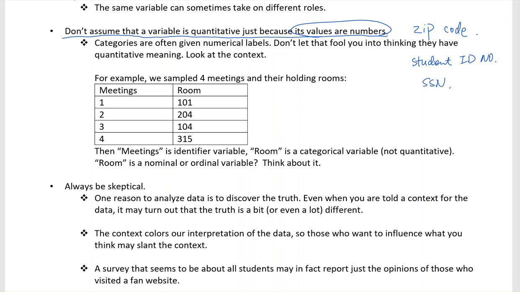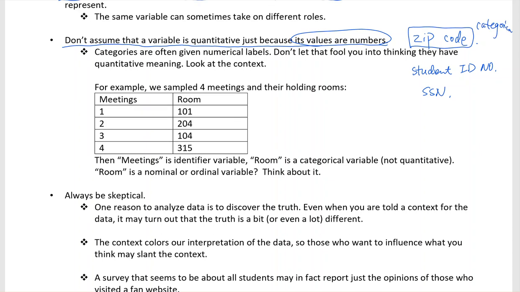Still remember? So zip code is not a quantitative variable. It is a categorical variable. Student ID number and social security number, these two are identifier variables.